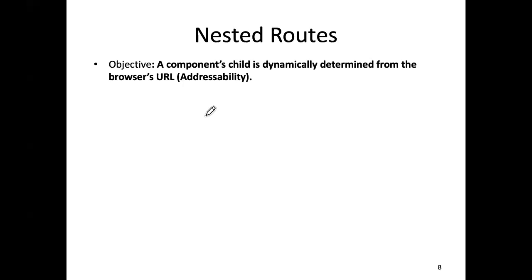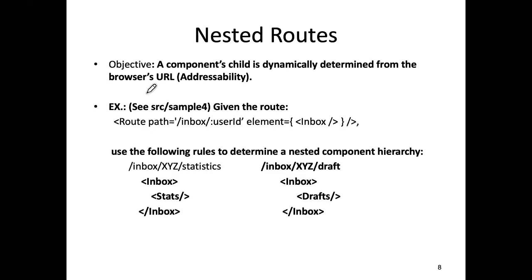In this case, I want a component to be mounted, but I want its children to be somehow dynamically determined, again, based on the browser's URL address. So I tried to come up with some sort of example of this, sticking with the whole inbox idea.